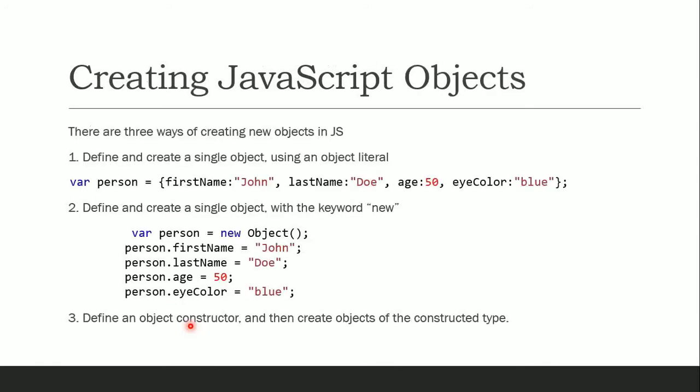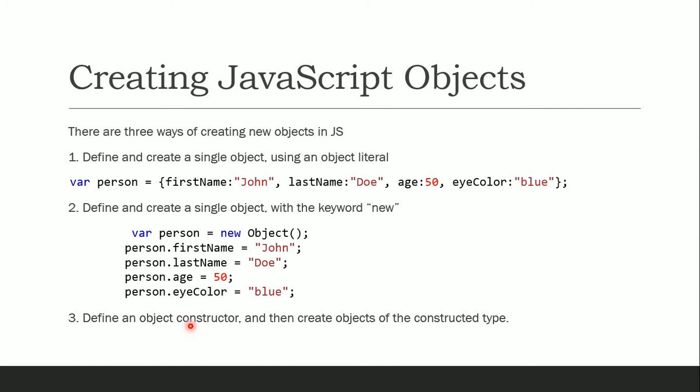There are three ways of creating objects in JavaScript. The very first one is to define and create a single object using an object literal. The second is to create an object using the keyword new.